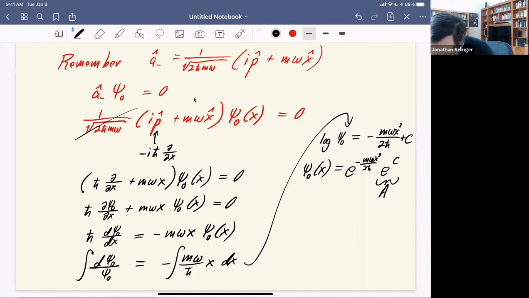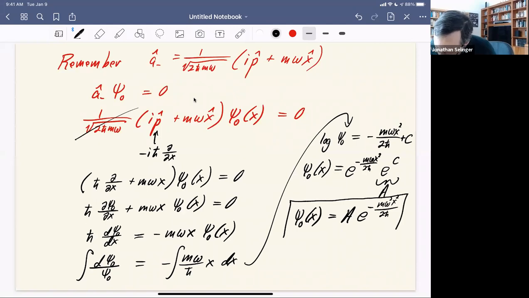Therefore, psi 0 of x is A e to the minus m omega x squared over 2 h bar. So look, we actually have a function here. This is a function for the bottom rung on the ladder.